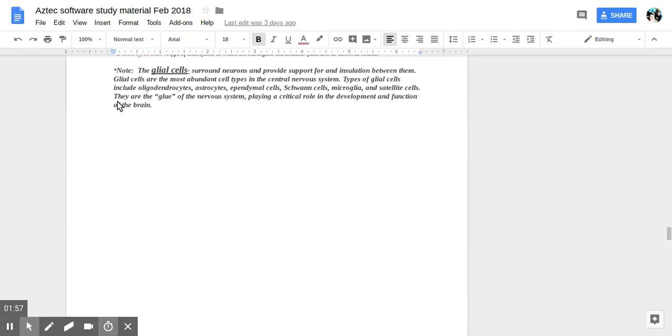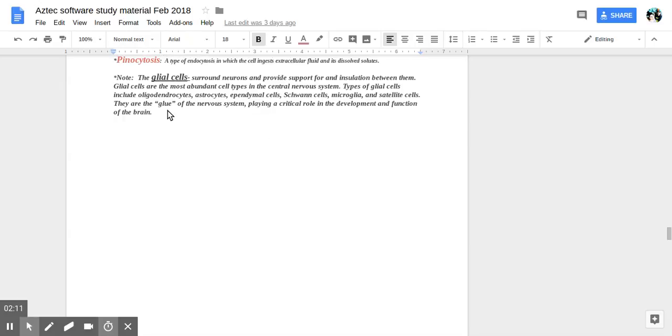Types of glial cells, more specifically, are oligodendrocytes, astrocytes, ependymal cells, Schwann cells, microglia, satellite cells. Glial cells are the glue of the nervous system, playing a critical role in the development and function of the brain.